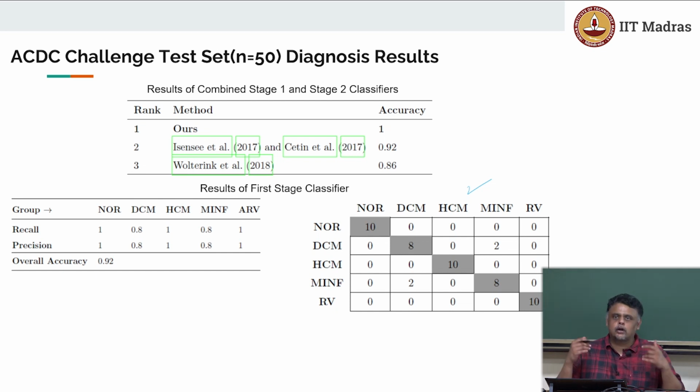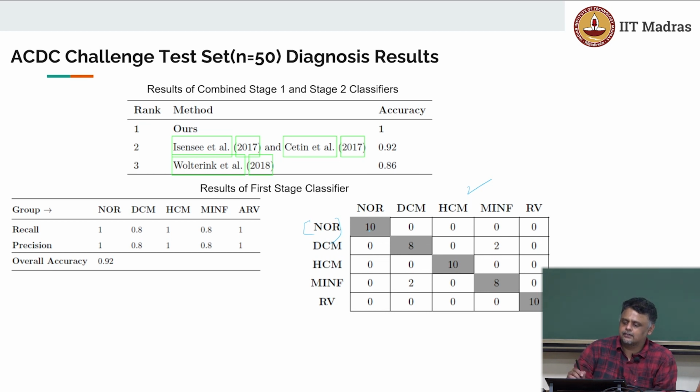Let's say you are testing your algorithm, or even training. After training, you run all your samples through your algorithm, and for every sample it spits out a class. What this confusion map shows is, say I have 10 patients with normal hearts, talking about a physical heart. 10 patients who don't have any disease, and 10 out of 10 times I got it right.